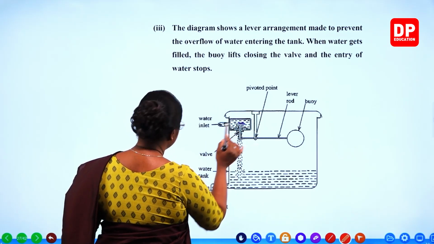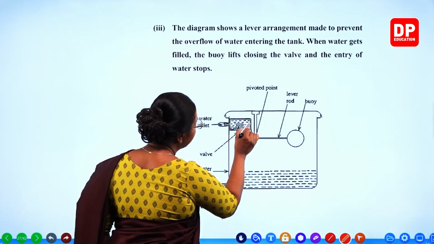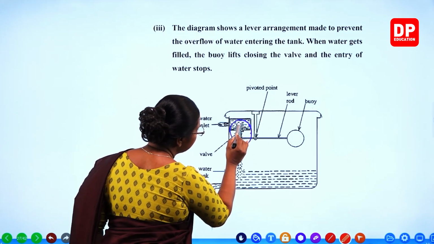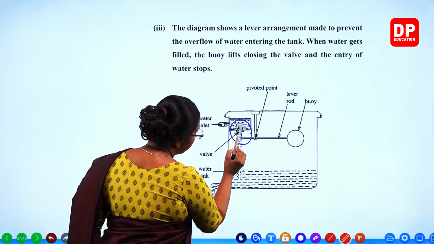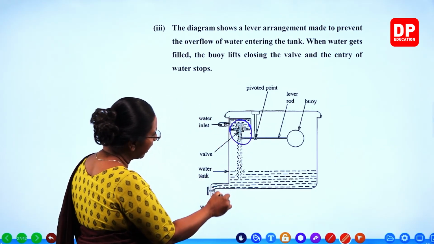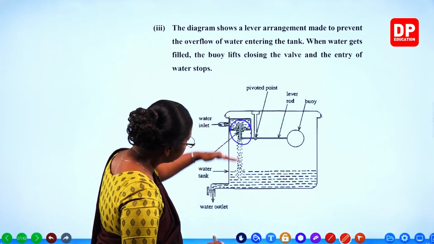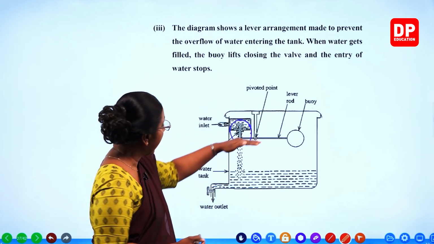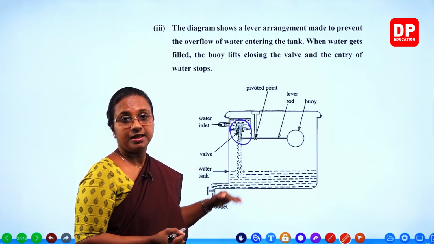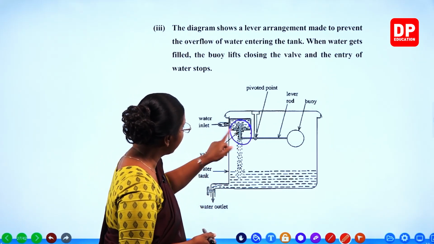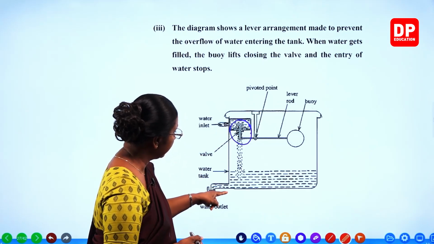Now, if you look at this region carefully, students, you can see the lever is up. So there is space here, so the water can flow in. But when the lever or the valve comes down and blocks that opening, then of course there can be no water flow. So now the valve is open, water is flowing in.